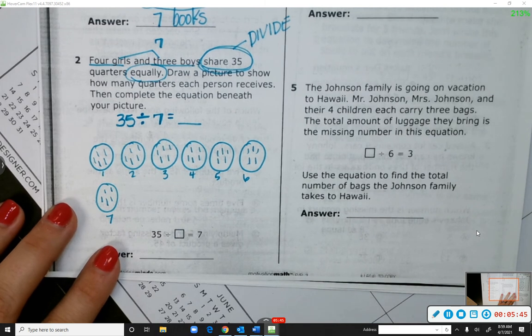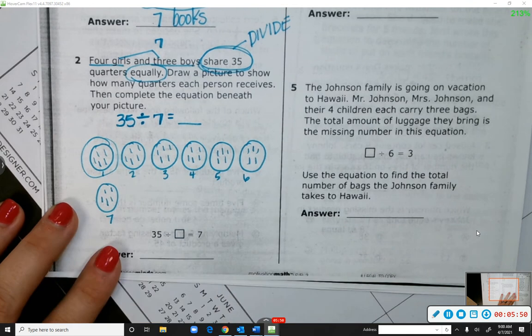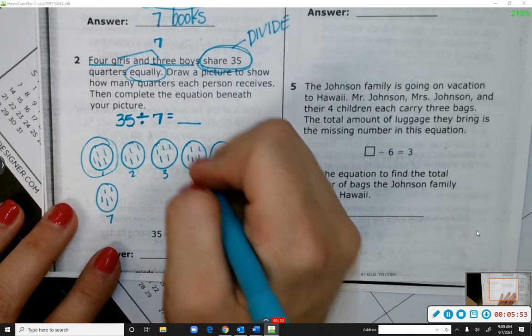Okay, once you get all the way to 35, you just look at one group, count how many you ended up with, and it should be 5.